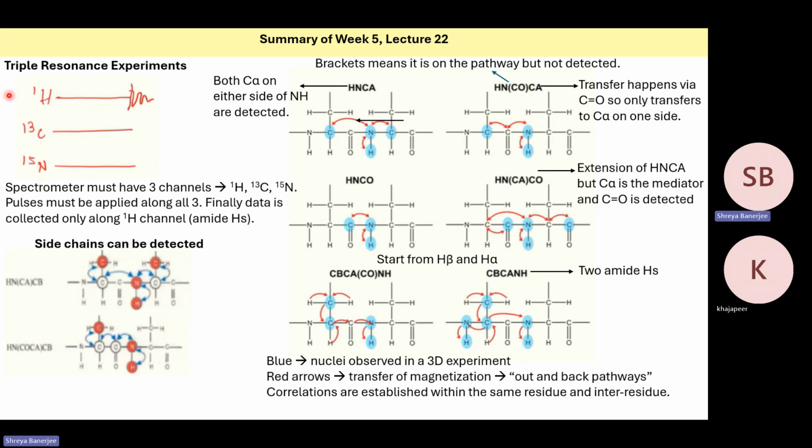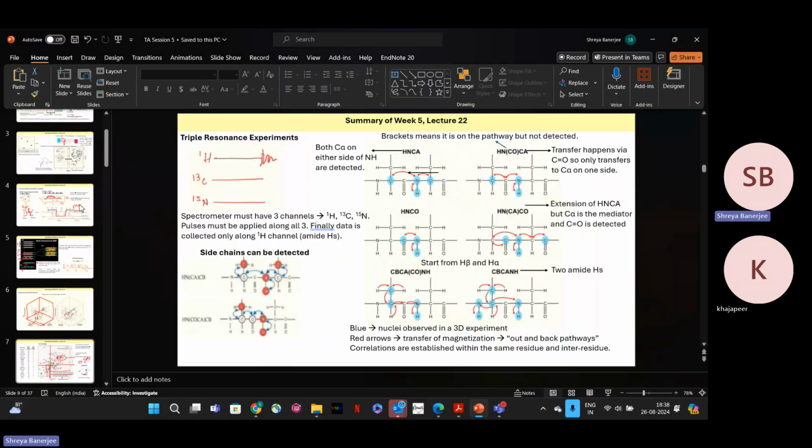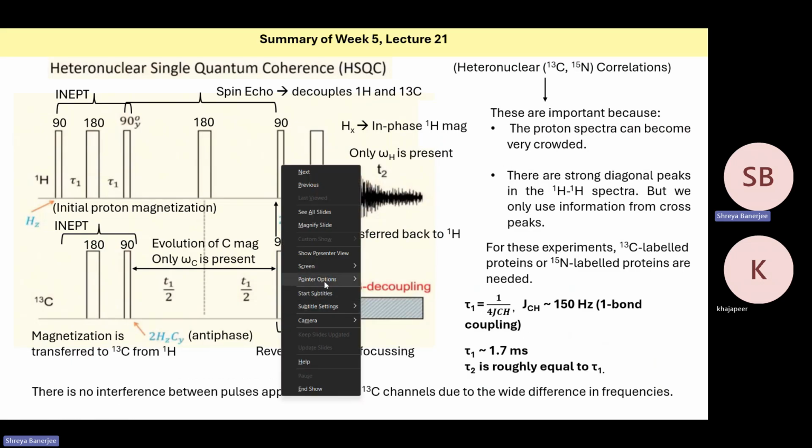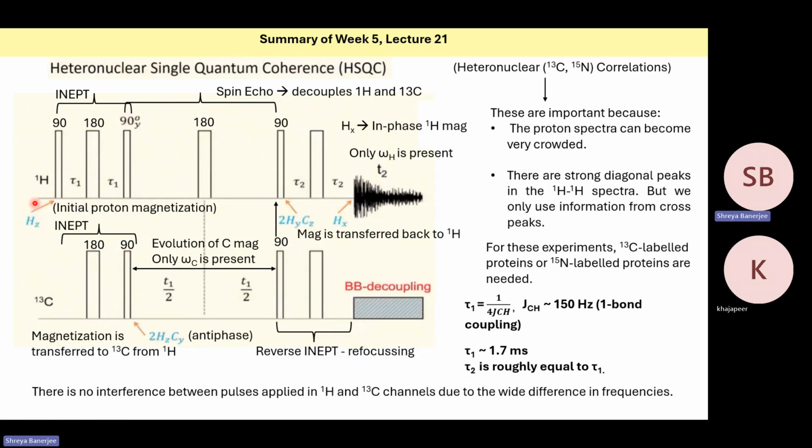So far in the 2D experiments, we saw that there were two channels, the 1H channel and the 13C channel.